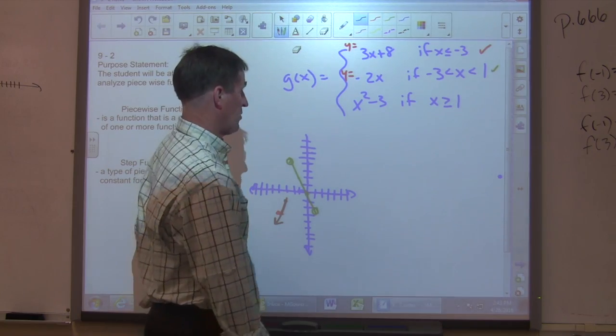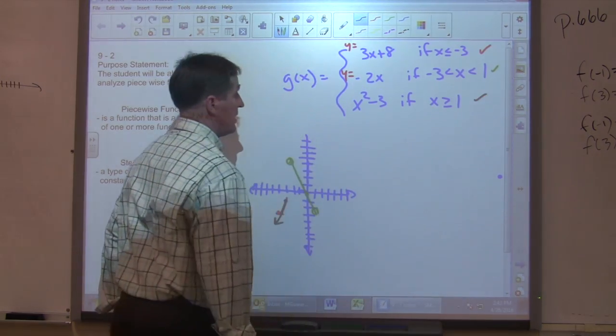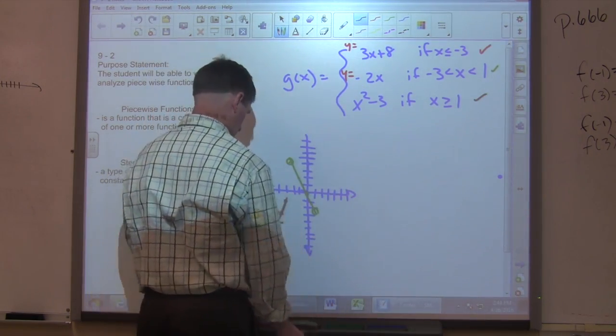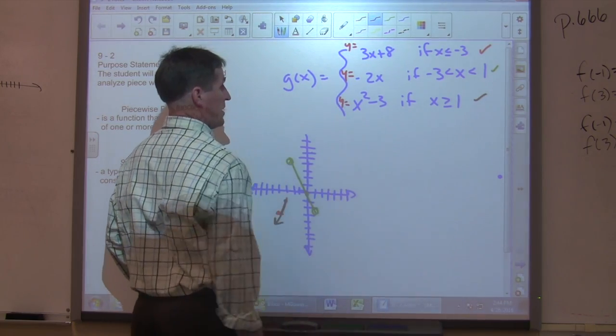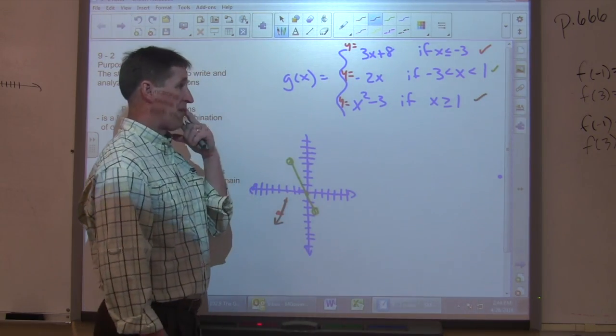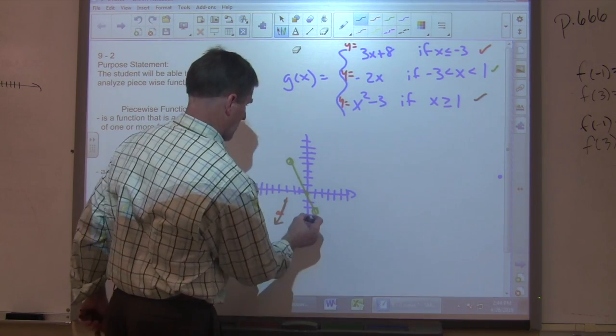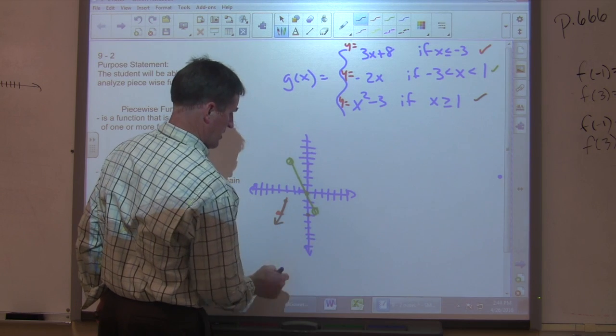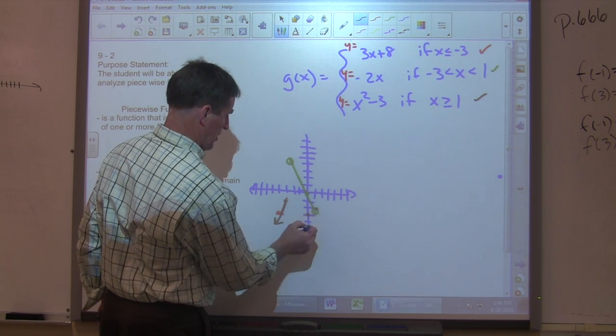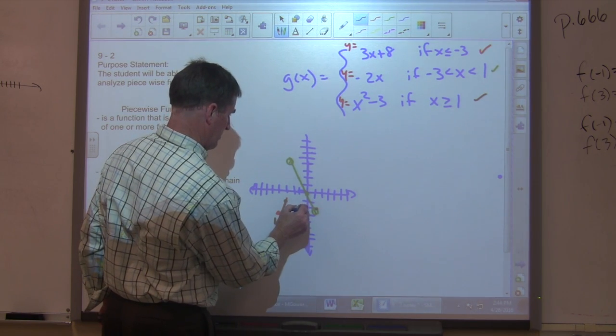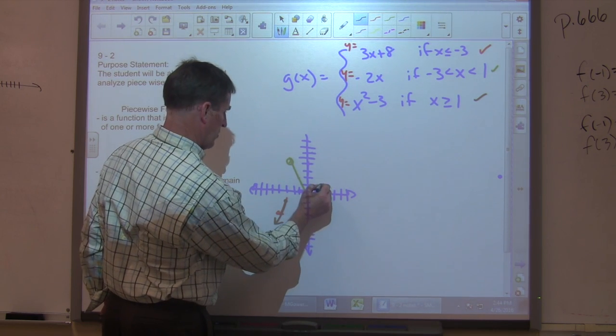And then the last one, we'll do that in black. Again, this is y equals. But this is a parabola. And if you remember your parabolas, this would shift it down 3. So it would be here, and then it goes over 1, up 1, over 1, up 1, over 2, up 4.